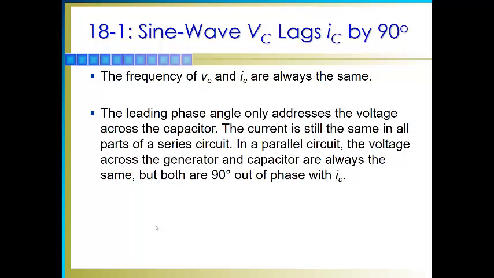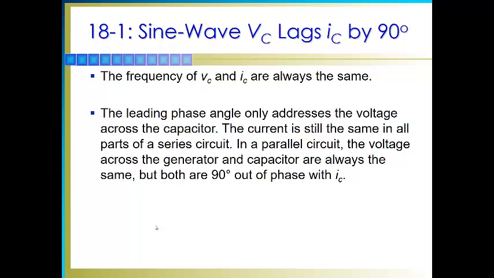Just like when we had purely resistive circuits, if we have circuits that have resistors in series, remember the current is the same around the loop. So the current will be the same for every component of the series circuit. Also, when we had resistors in parallel, we determined in the past that the voltage across all the resistors will be the same as the source.